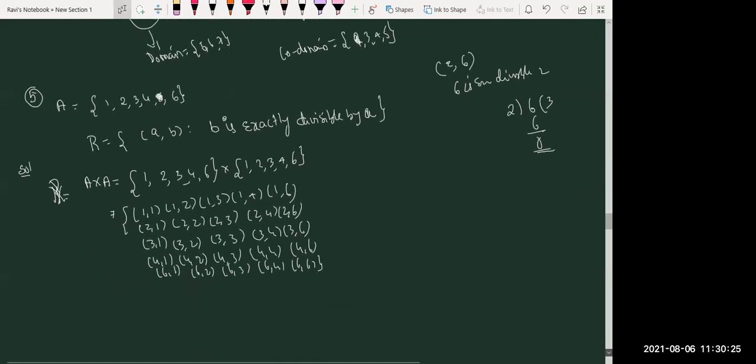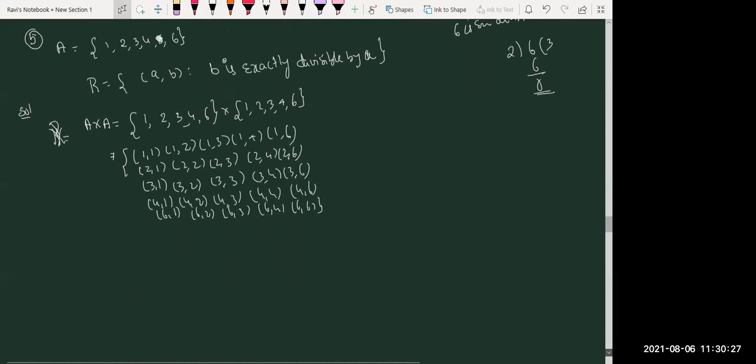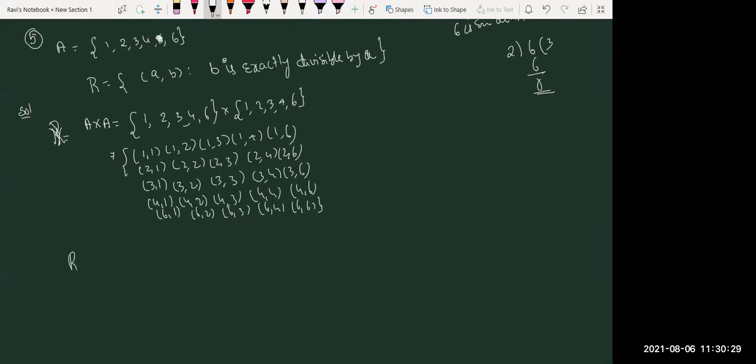See, I'll tell what the relation will be. 1 comma 1: 1 is divisible by 1 or not? Yes, sir. 1 comma 2: is 2 exactly divisible by 1 or not? Yes, 2 is divisible by 1.